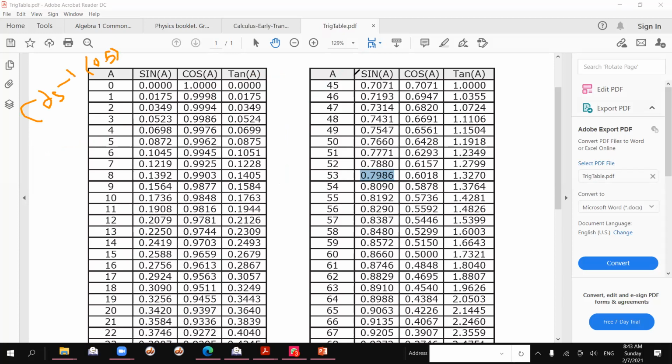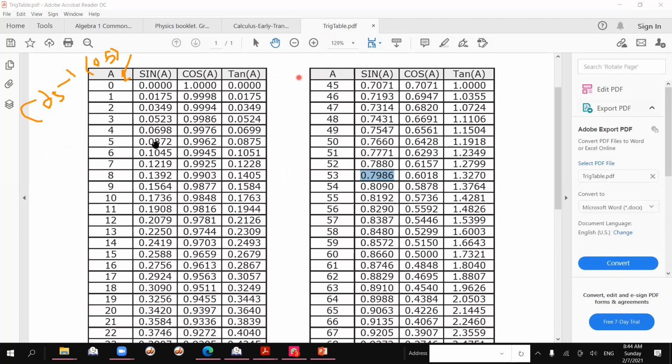What do you have to do? As you see here, there's no angle 0.5, so I cannot look at this column and look for 0.5. I need the cosine inverse.